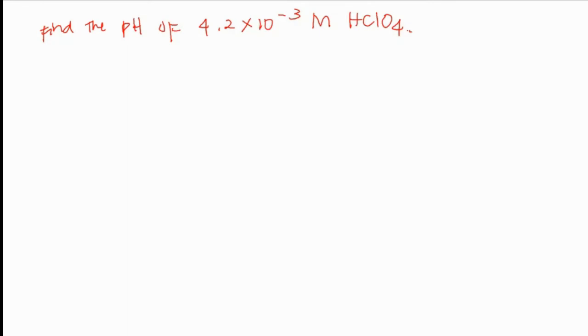What is its pH? 2.38. Okay, pH is negative log of the concentration, which equals 2.38. So that's how you compute the pH of strong acids.